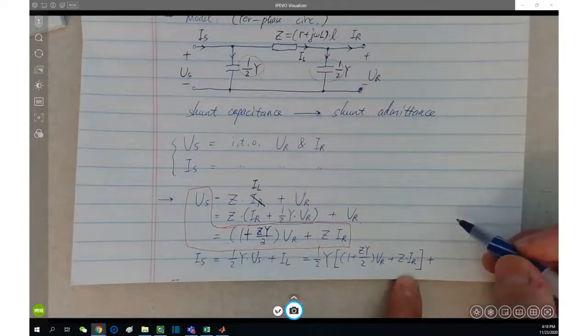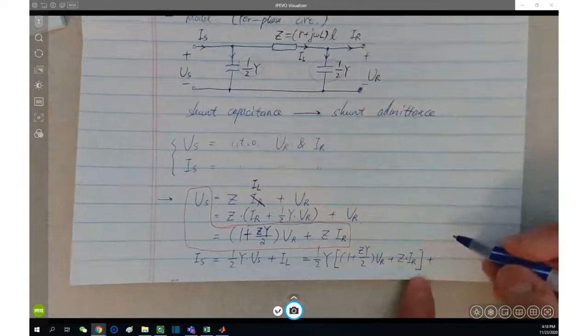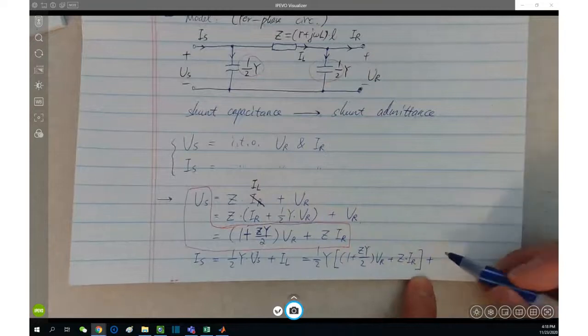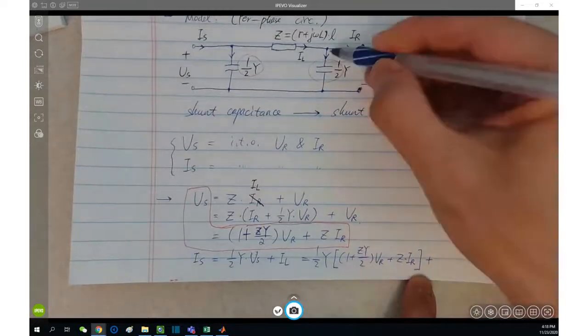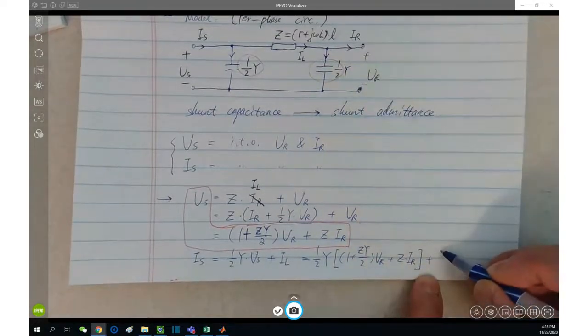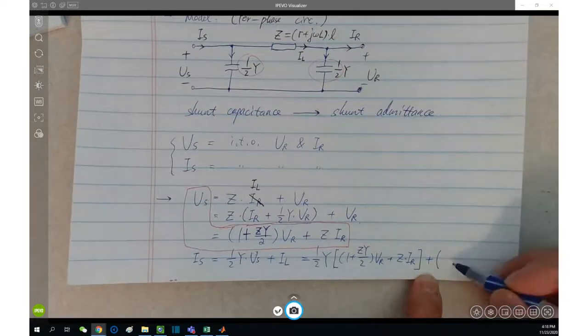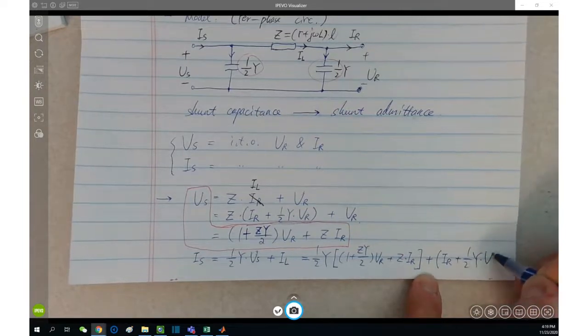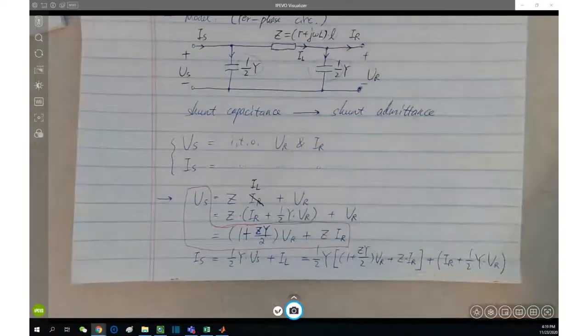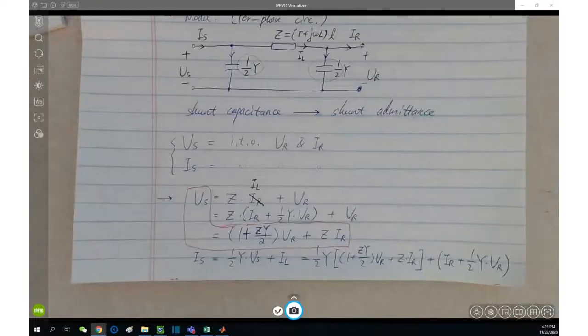IL we know equals, from the second KCL, IR plus half Y times VR. So basically two KCLs.